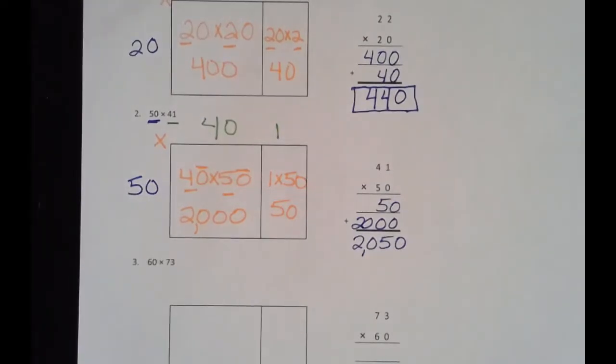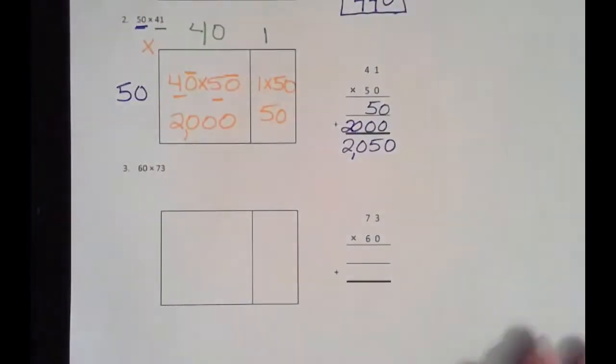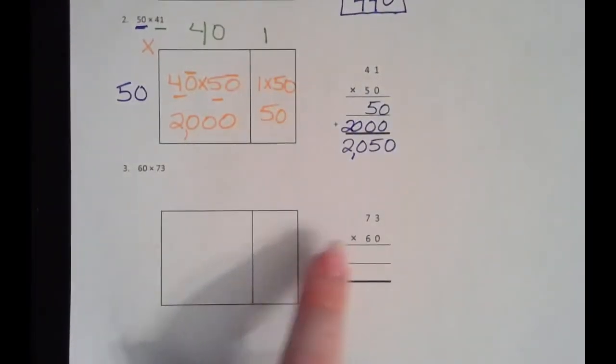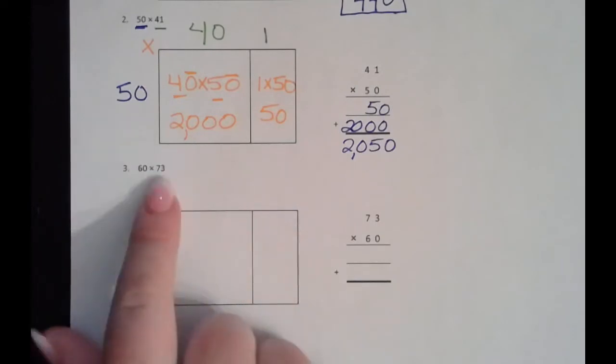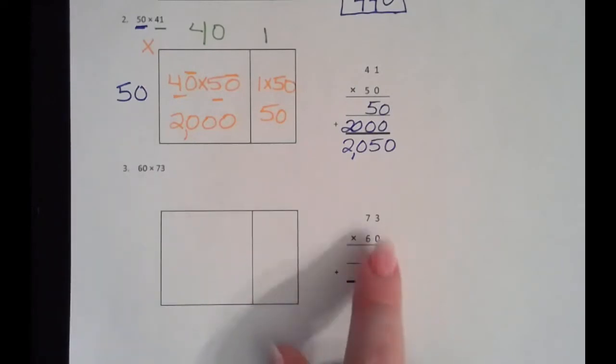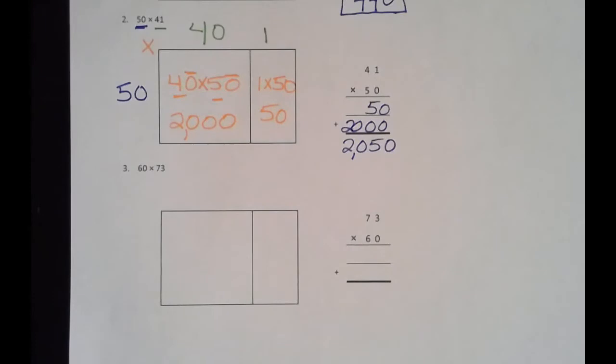Alright, we're going to do one last one together, and then I'm going to have you all do the problems on the back on your own. So let's go ahead and go down here to the next one. We have 60 times 73, or 73 times 60, however you want to look at it. Either way would be correct.